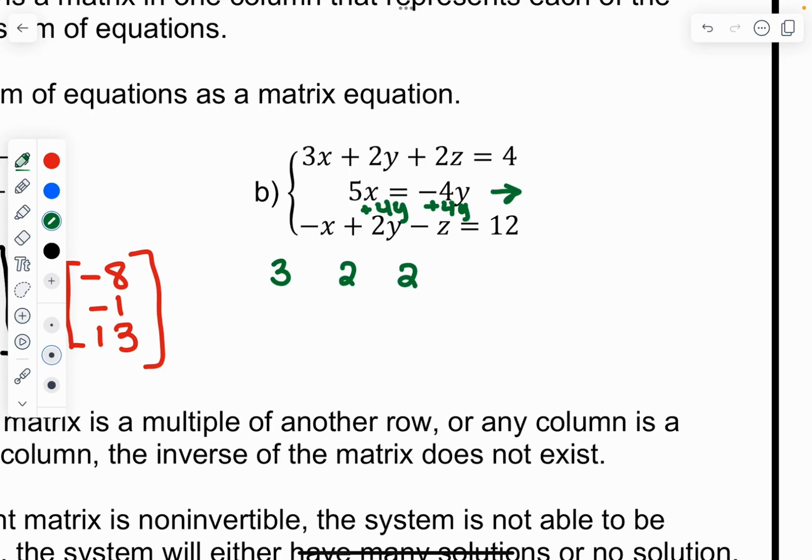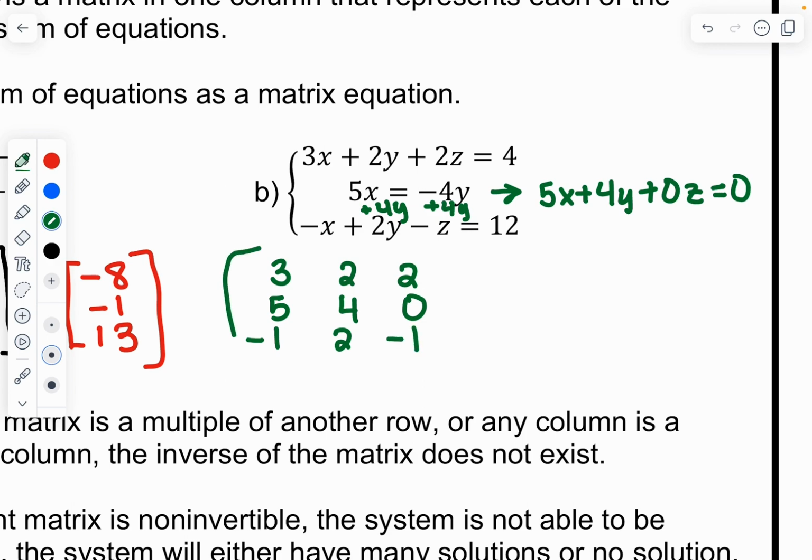And so what that does is it gives us 5x plus 4y. There's no z, so I'm going to put plus 0z, and it's actually equal to 0 as well. So we have 5, 4, 0 since we didn't have a z. Then we have -1, 2, and -1.